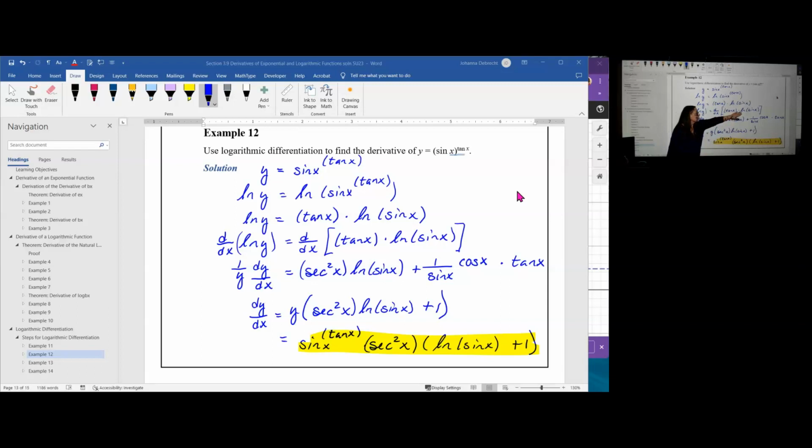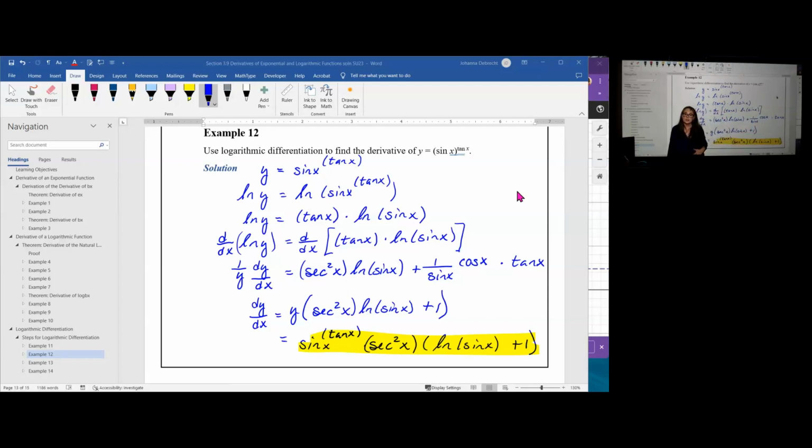We apply the derivative to the right using the product rule, where the derivative of tangent is secant squared, multiplied by natural log of sine x unchanged, plus the derivative of natural log of sine x, which is 1 over sine x, times the derivative of sine x, which is cosine x, times tangent of x. Notice that cosine divided by sine is actually cotangent.